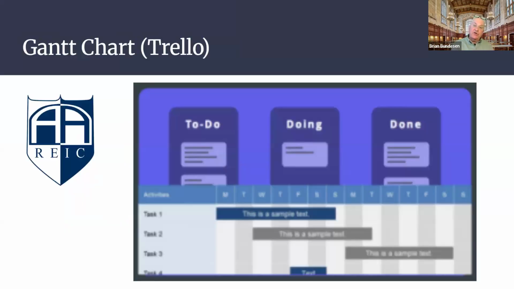All right, so the scope of work document is what needs to be done. The Gantt chart is a project management system, and this is a little bit older slide. I don't know, to be honest with you, because I hadn't used it in a long time. I don't know if Trello is still a project management thing, but there are tons of project management apps out there.